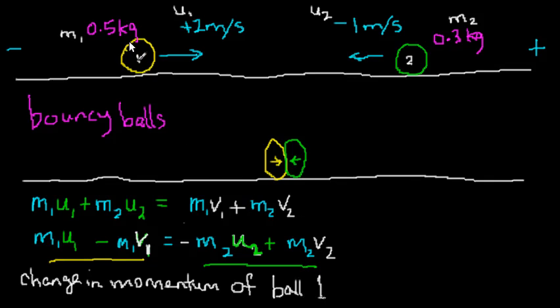Okay, ball 1 is this one, my yellow ball. And on the right side, I have the change in momentum of ball number 2, the green ball.